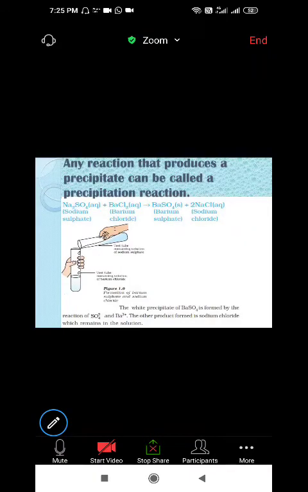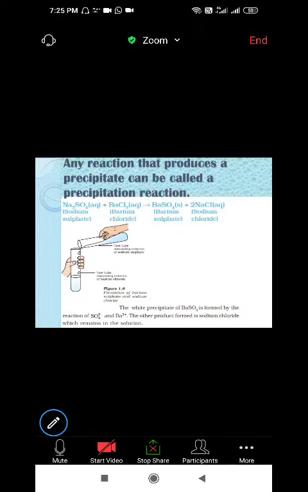Any reaction that produces a precipitate can be called a precipitation reaction. Now, you must have a question: what exactly do we mean by the word precipitate? Precipitate means the residue, something which is not dissolved into the solution, something which is insoluble in the solution. So in this example, from the sodium sulfate and the barium chloride, we produce the barium sulfate and sodium chloride.